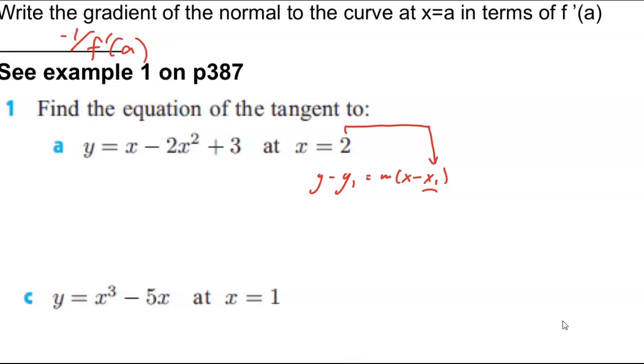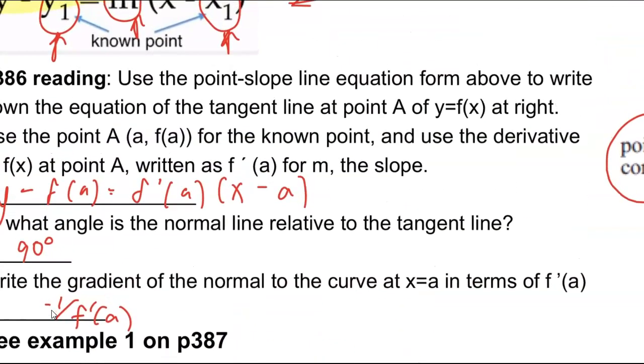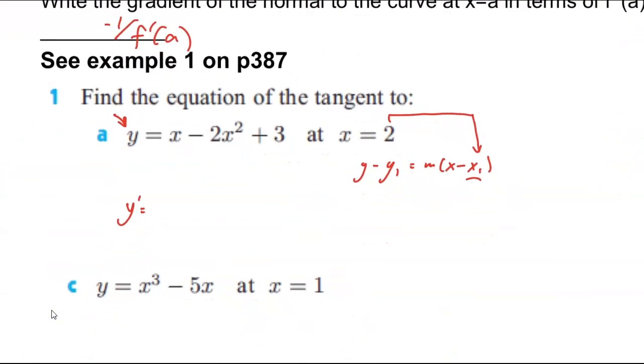The other two ingredients are usually a little bit more challenging and sometimes confusing. Okay, remember that we have two functions that we're going to work with. The original function, which usually they give you, and the derivative function, which we need to find ourselves. Now, why do we need the derivative function? Because remember, in order to find the m, we need to have the derivative and plug in our a value. So let's find our derivative.